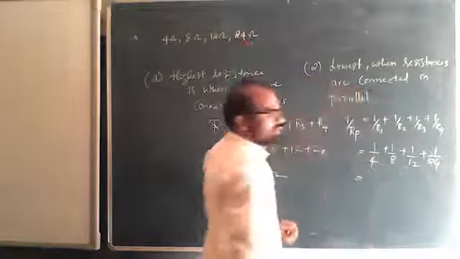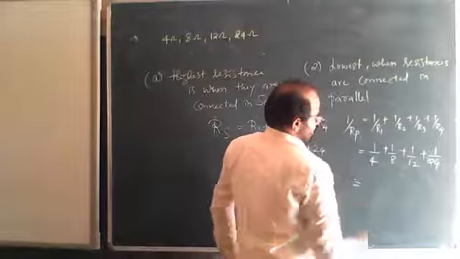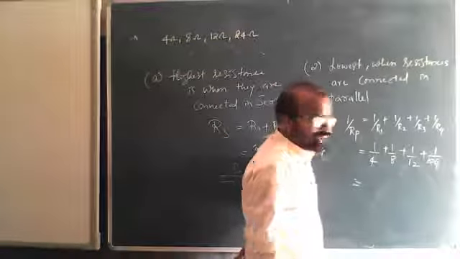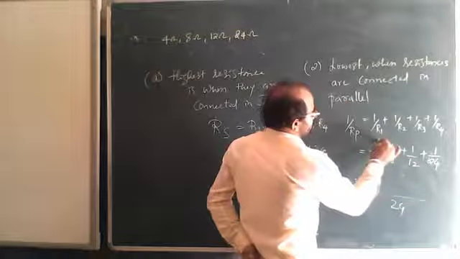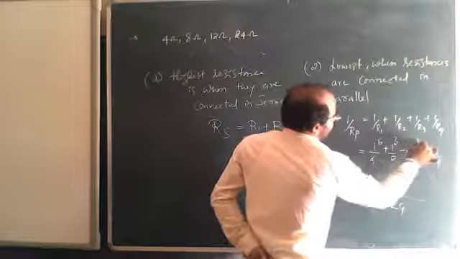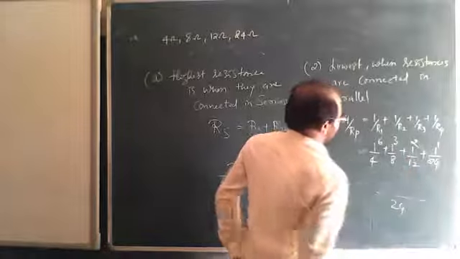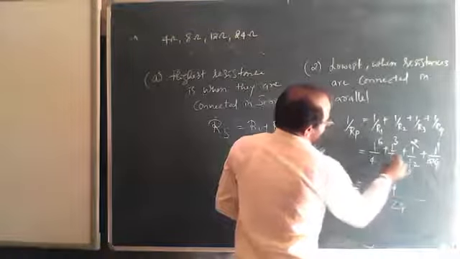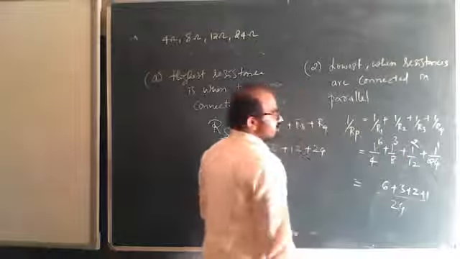Now check properly. The LCM of 4, 8, 12, 24 is 24. 4 times 6 is 24, 8 times 3 is 24, 12 times 2 is 24, 24 times 1 is 24. So now write down 1 into 6 is 6, 1 into 3 is 3, 1 into 2 is 2, 1 into 1 is 1.